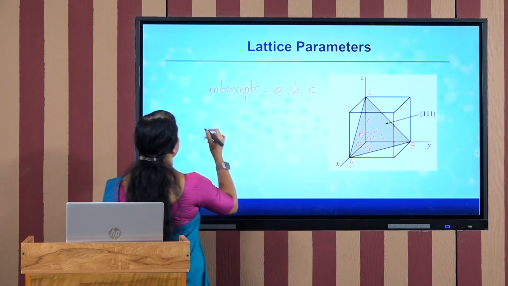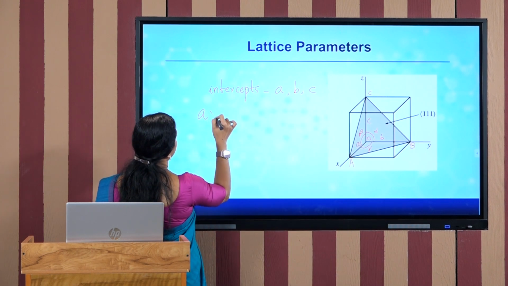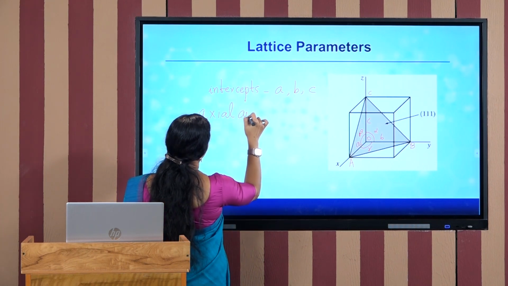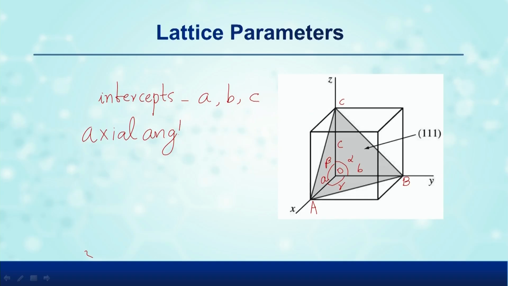And these are referred to as the axial angles, that is alpha, beta and gamma.